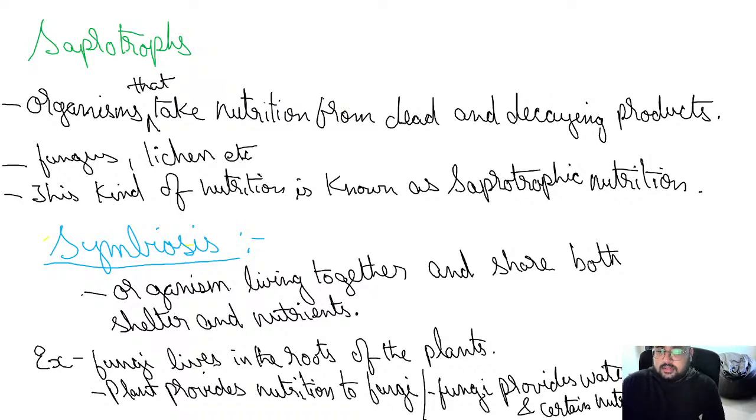Organisms living together and sharing both shelter and nutrition are known as symbiosis. I gave you a small example: fungi live in the roots of plants, and the plant provides nutrition to the fungi, and the fungi provides water and certain nutrients. Am I clear so far? Has everybody understood? I hope everybody has understood. Can I get a reply from you all?